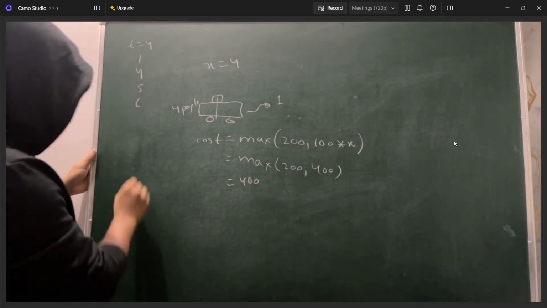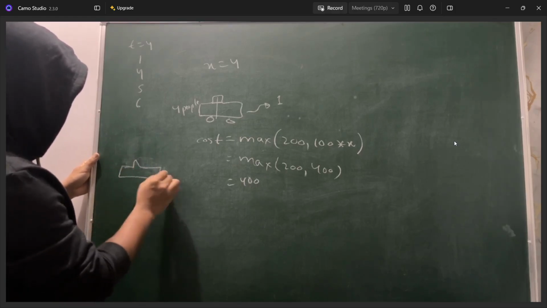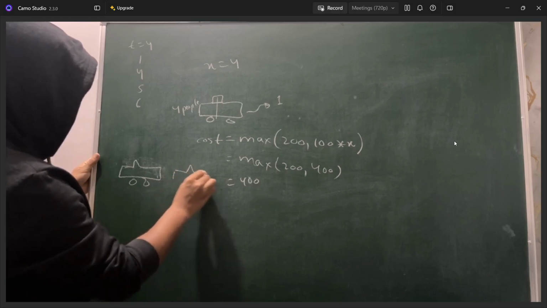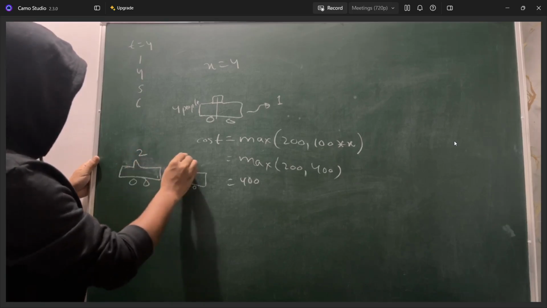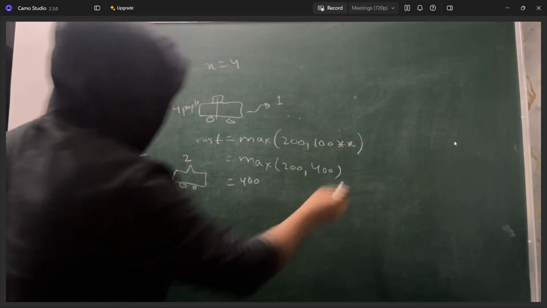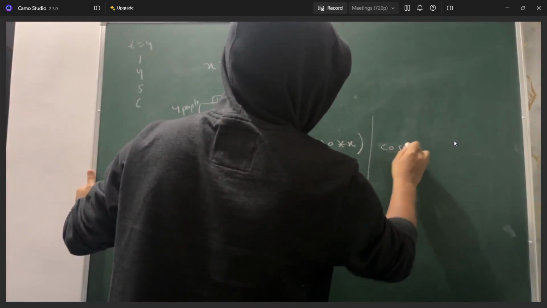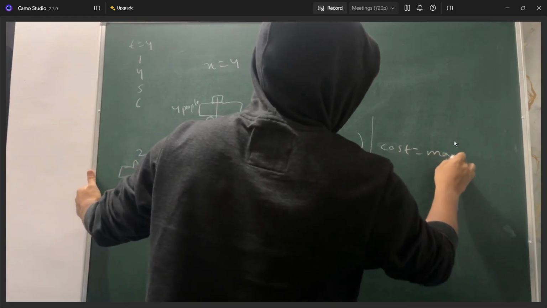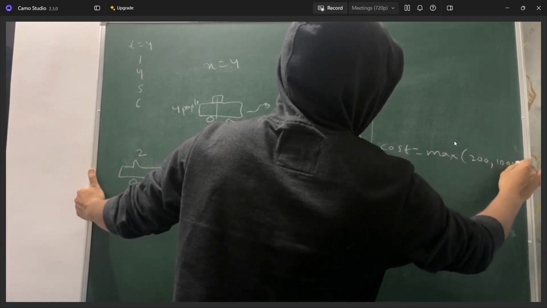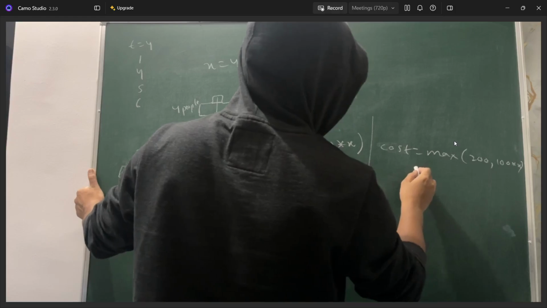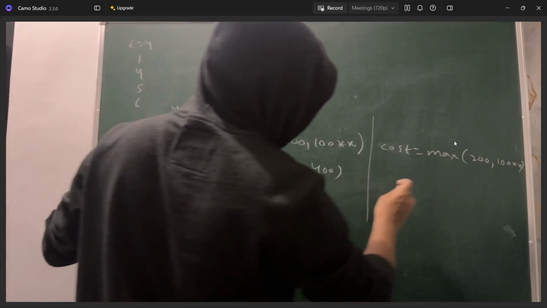What if he booked 2 cars? Let's say he placed 2 people in this car and 2 people in this car. In that case also, your cost would be the maximum of 200 and 100 into X. Since you have booked 2 cars separately, I am calculating for one car.